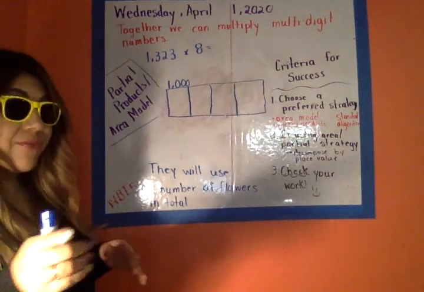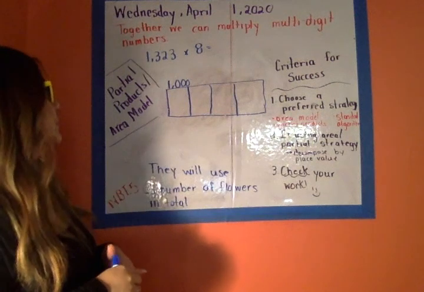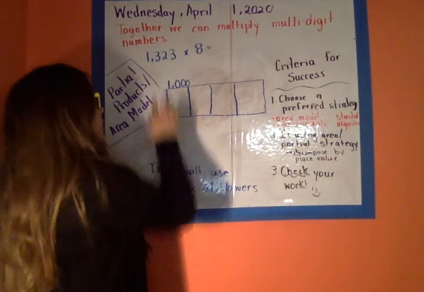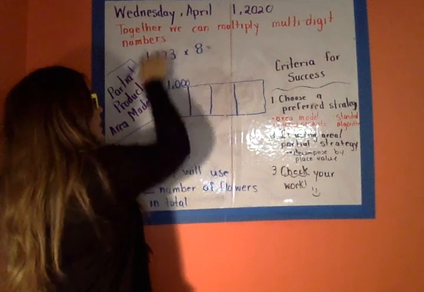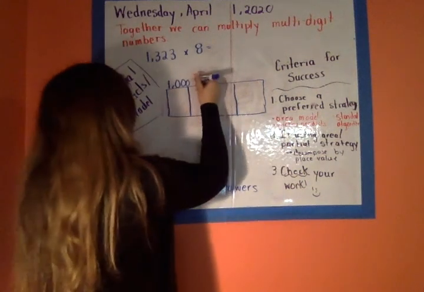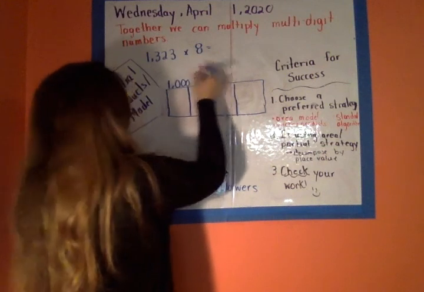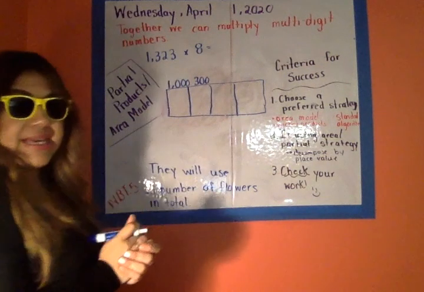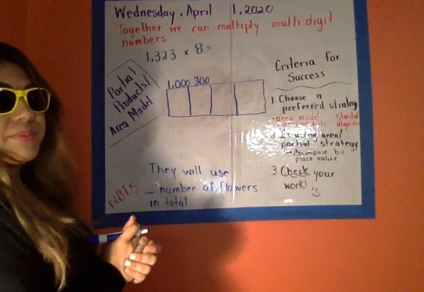Do it on your own first. Yep, you're doing this with me. Alrighty, cool. So, the value of 3, friends, is, sound of my snap, 300. Yep. The value of 2 is 20.